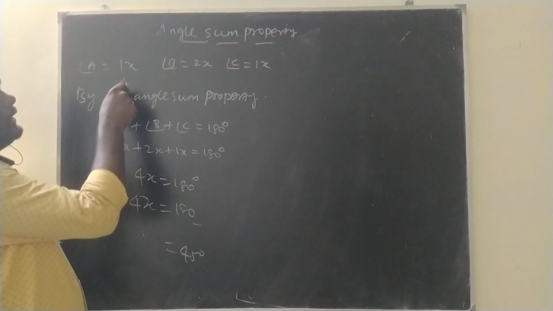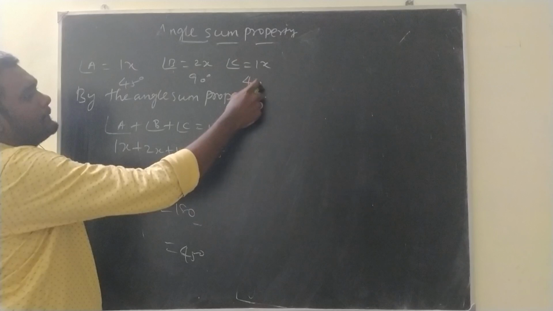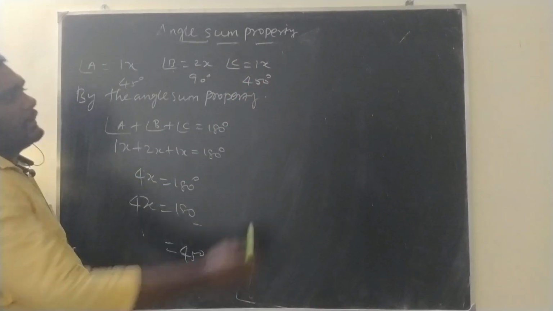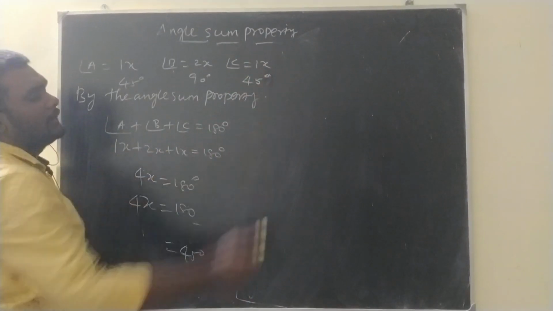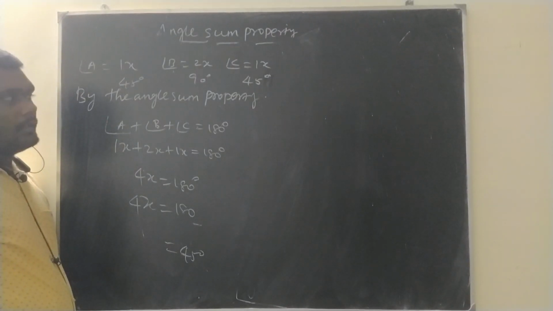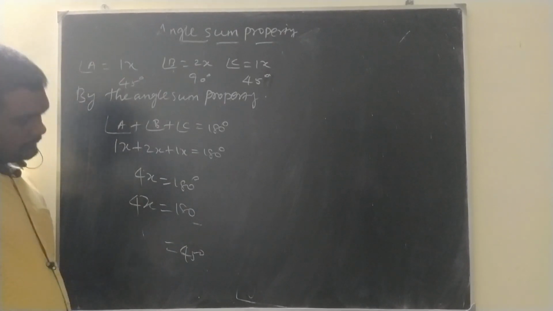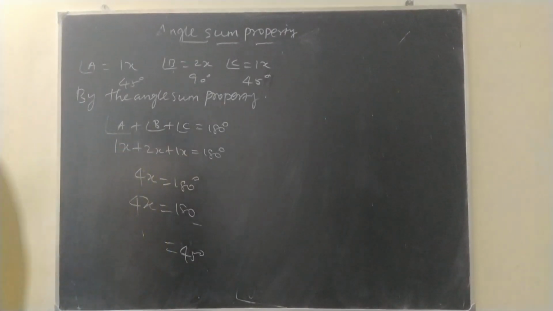So our A is 45 degrees. This is 90 degrees. This is 45 degrees again. This is an isosceles and right angle triangle. Okay. Good. Next, think and discuss and write.